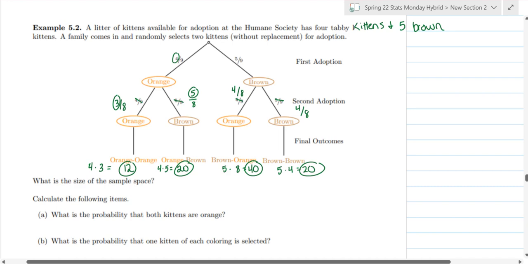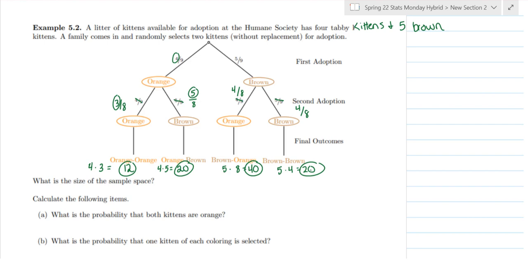Now if I add all of these together, let's see, 12 plus 20 is 32, plus 40 is 72, plus 20 is 92. That's not going to be our sample space there. So if this was with replacement, that would be the sample space.